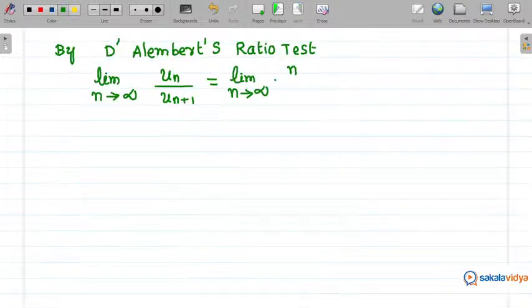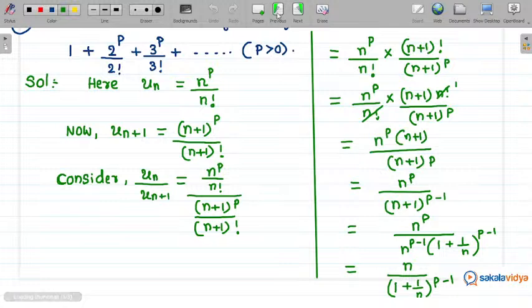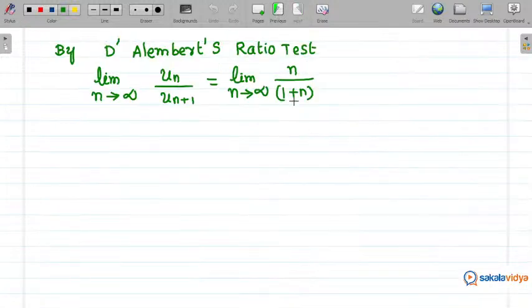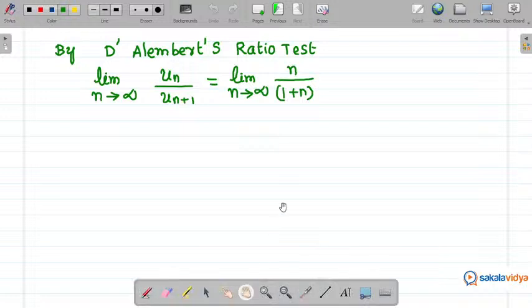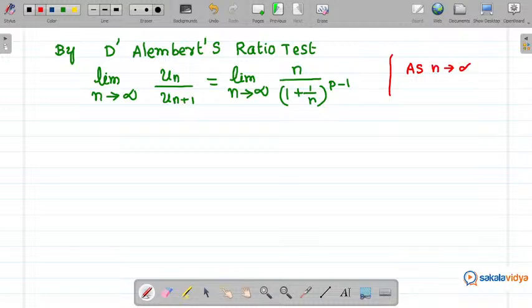See, as n tends to infinity, n approaches infinity, so 1 by n tends to 0. That means 1 by n becomes 0, but n is infinity itself only.